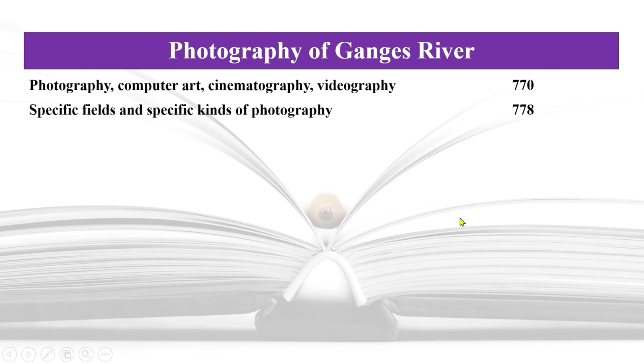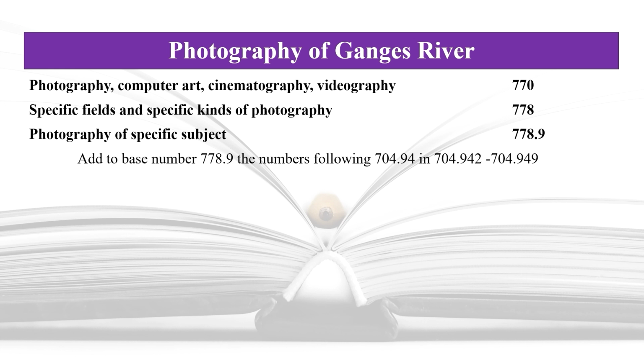Here, the photography deals with the Ganges river, so this is a type of photography dedicated to a type of subject. In 778, we get the number for specific fields and specific kinds of photography. Photography of a specific subject, that is the river, or more precisely, the Ganges river.